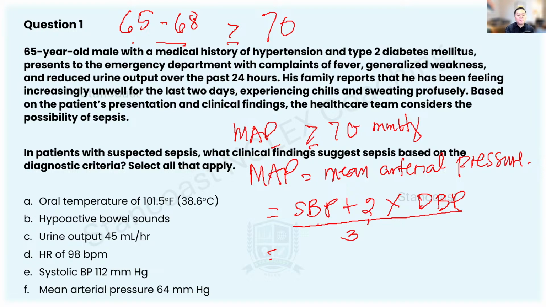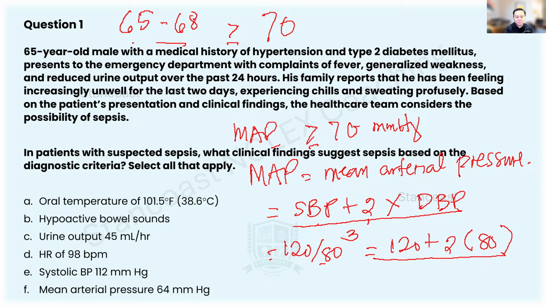So let's proceed. If your patient's blood pressure is 120 over 80, diastolic of 80, systolic of 120, how are we going to do this? That is 120 systolic, and then we multiply the diastolic blood pressure by 2, and then our constant, which is 3.